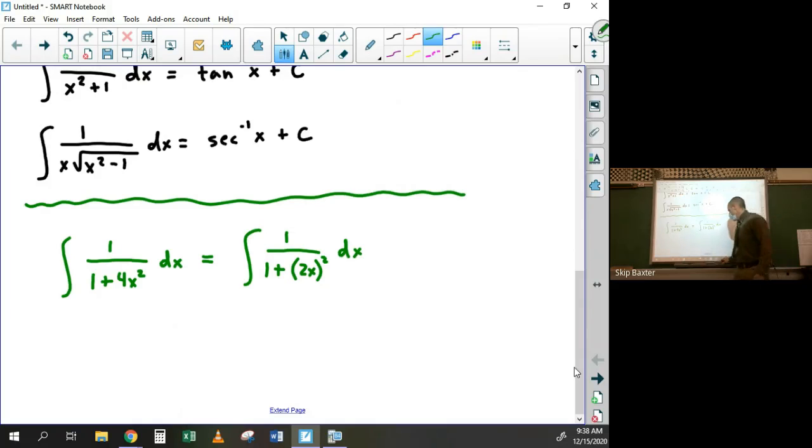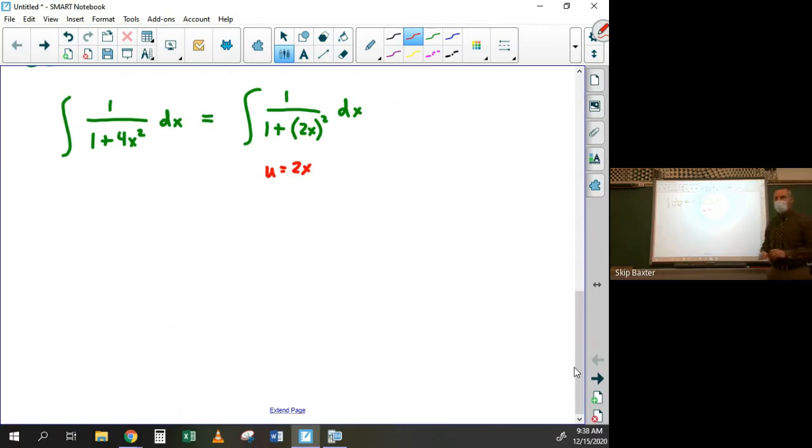So you could say, in this case, u is equal to 2x, and then du is equal to 2 dx. So dx equals du over 2.